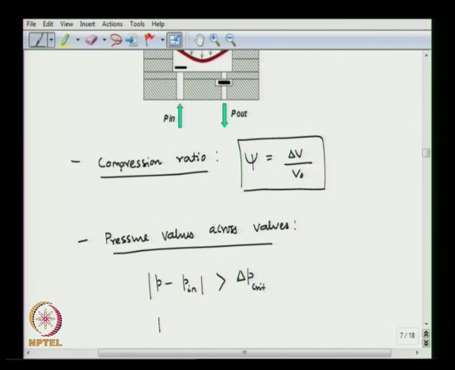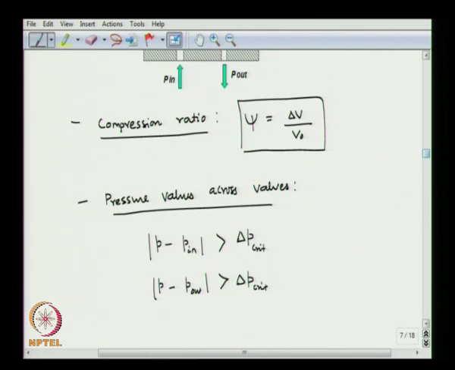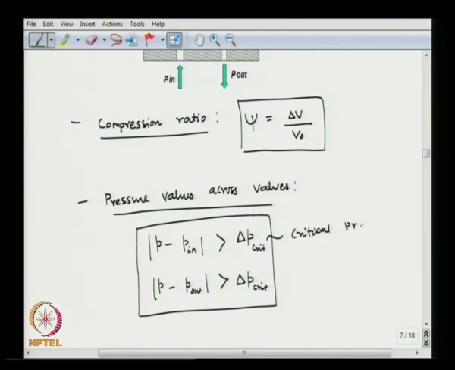Similarly we need to have P minus P out greater than the delta P critical. So the delta P critical is the critical pressure that is required to actuate the valve, to open or close the valve. So this is the critical pressure required to actuate the valve, mainly opening.